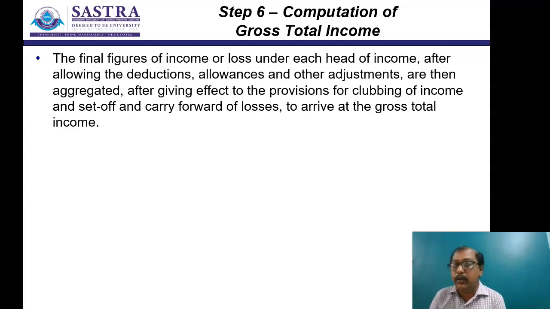After taking into account the different heads, after deductions and exemptions under different heads, after clubbing and setting off, after all the allowances and deductions are made, your total income is going to be arrived at, and that is going to be called the gross total income of an individual.